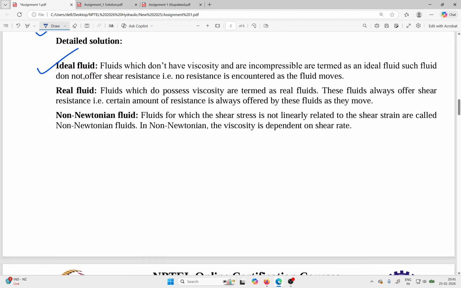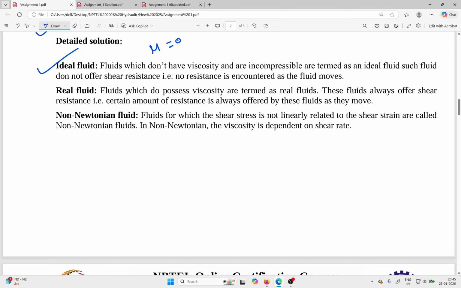Dynamic viscosity will be zero for an ideal fluid. Such fluids do not offer shear resistance, that is, no resistance is encountered as the fluid moves. There is no resistance in the ideal fluid, remember please.